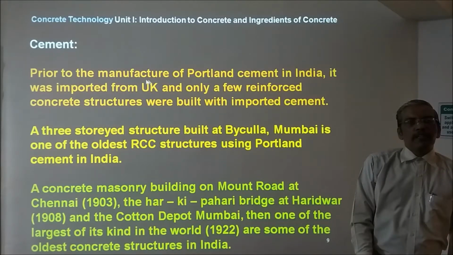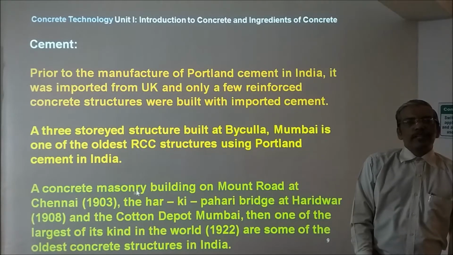Prior to the manufacture of Portland cement in India, it was imported from the UK, that is London, England, and only a few reinforced concrete structures were built with imported cement. A three-storied structure built at Byculla, Mumbai is one of the oldest RCC structures using Portland cement in India.